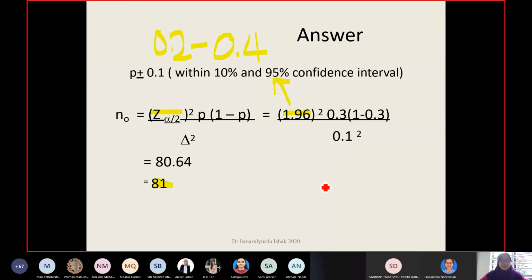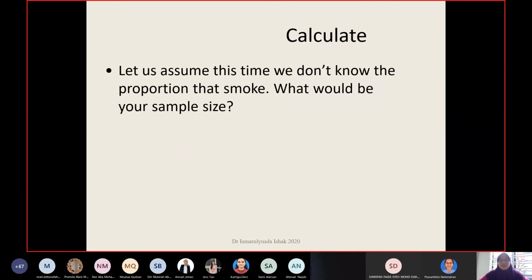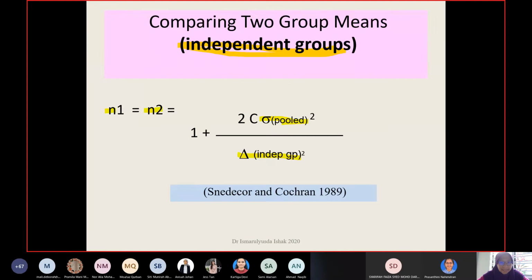So for proportions, remember, it's directly the percentage, but for continuous data, it depends. If they give you a unit, you use that figure. If they give you the percentage, you have to multiply your percentage with the mean to get the value. Is it clear? Doctor, thank you. Welcome.